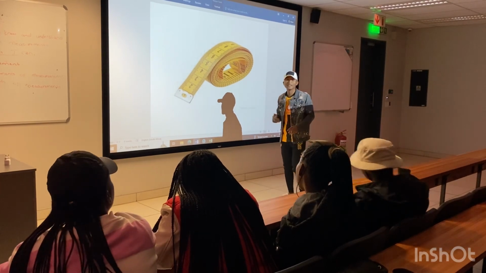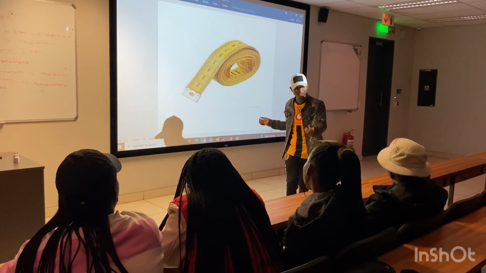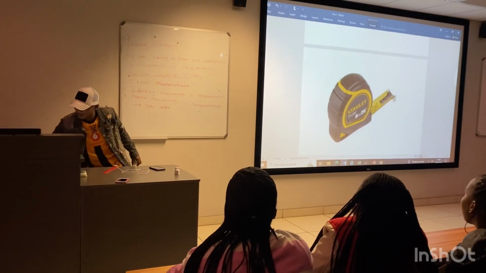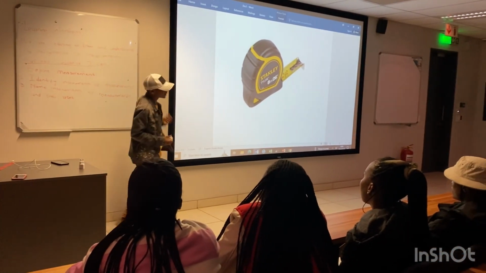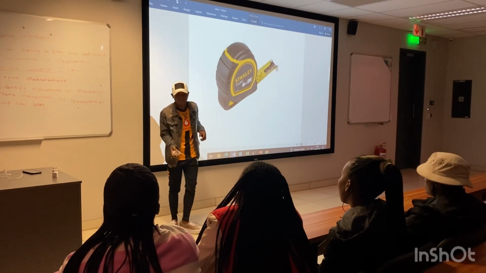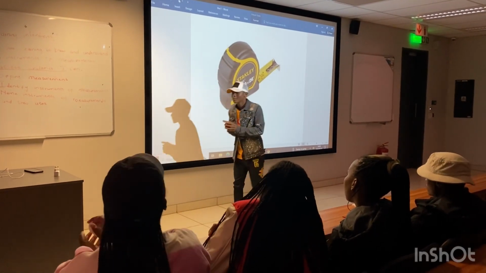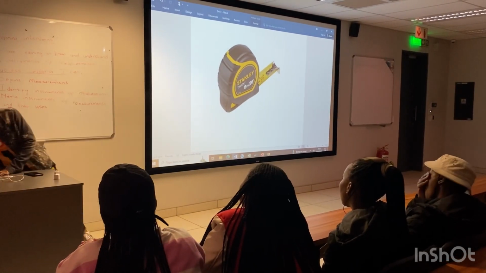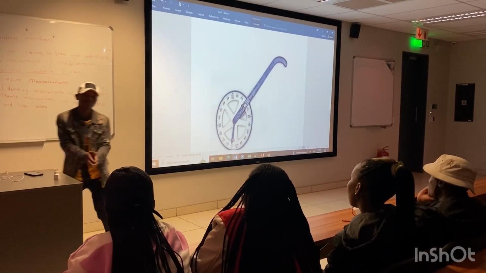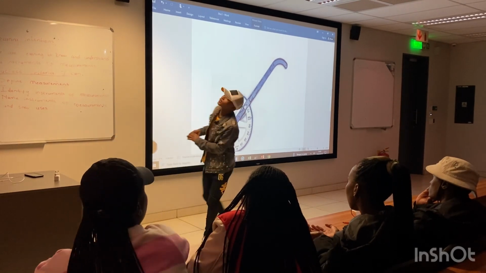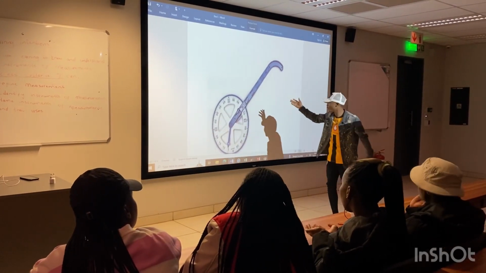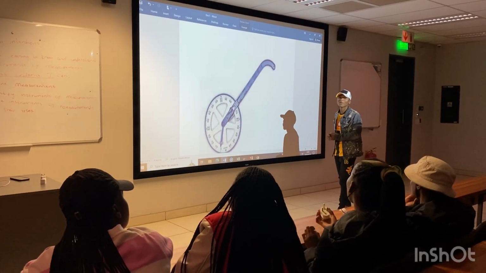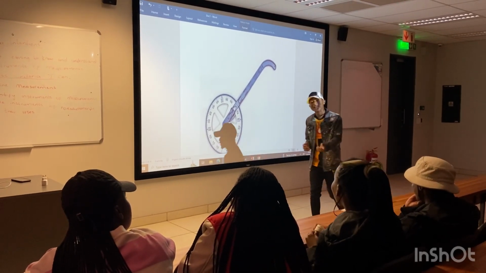It's a tape measure, right? For our next picture, what is the name of this instrument? It's a measuring tape, right? For this picture, what is the name of this instrument? A triangle wheel, right?